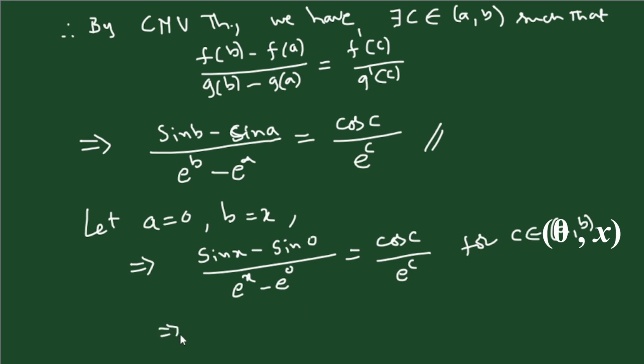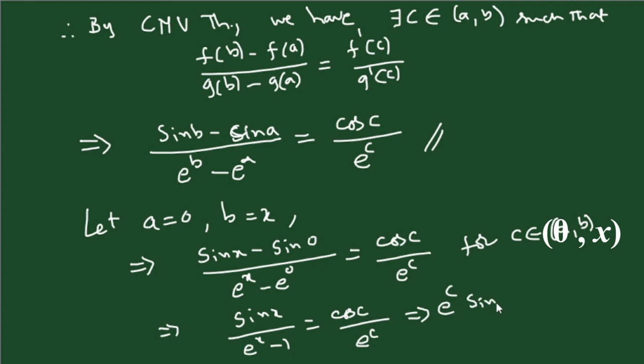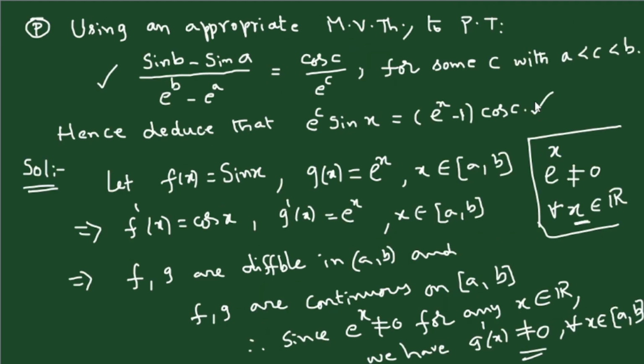So this implies sin x by (e^x minus 1) equal to cos c by e^c. So by cross multiplying, you will get e^c sin x is equal to (e^x minus 1) into cos c. So the second statement is also proved, right?